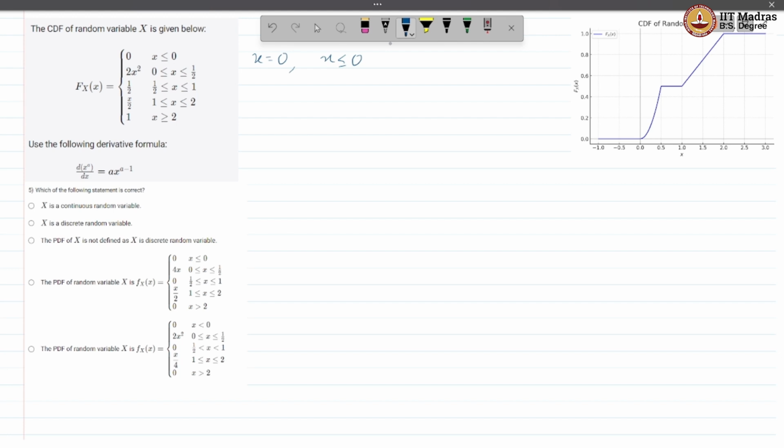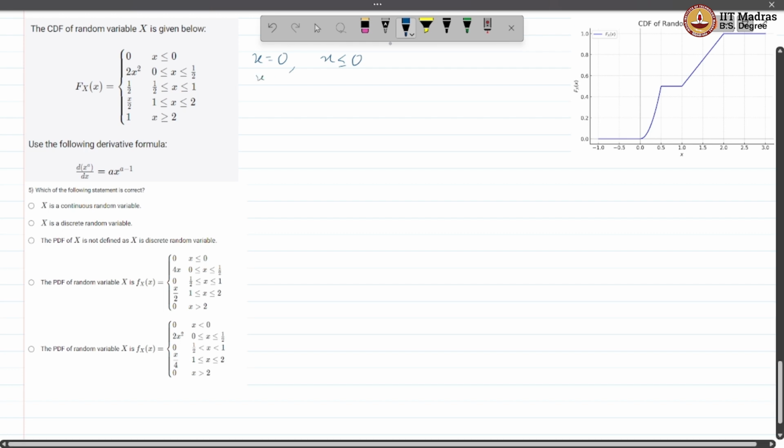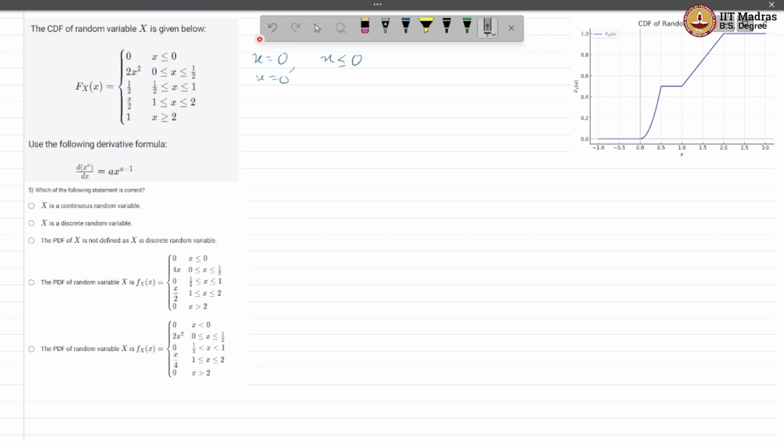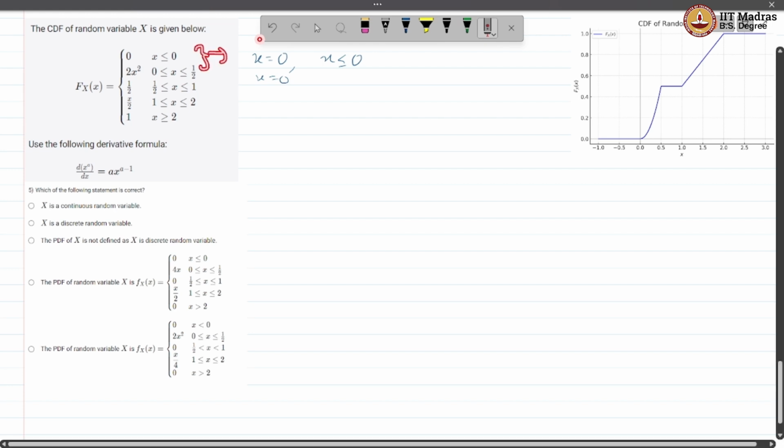So at x is equal to 0 in that interval, the probability is equal to 0. So in both the intervals, at the point where the definition changes, the probability is same. So this means here the step size is 0.